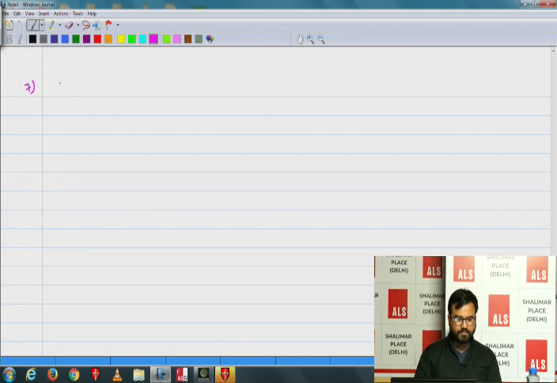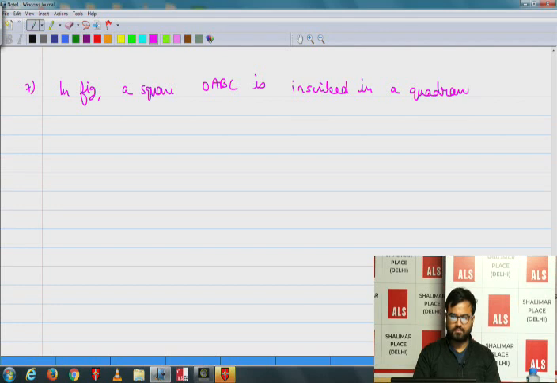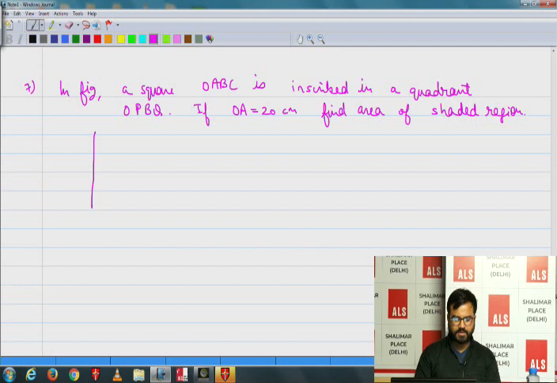So in the figure, this is the statement of the question, and the diagram goes like this.